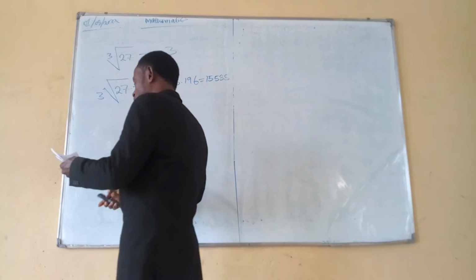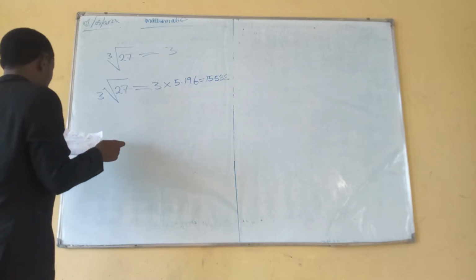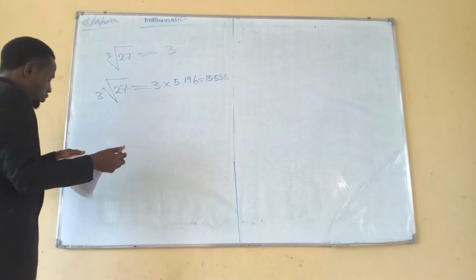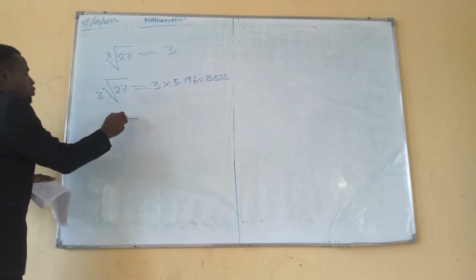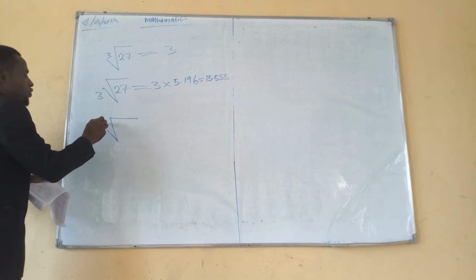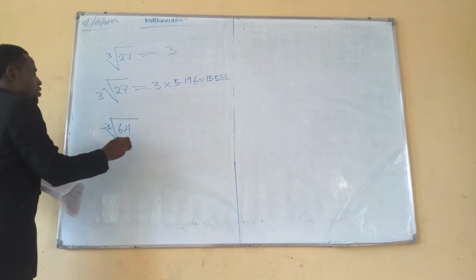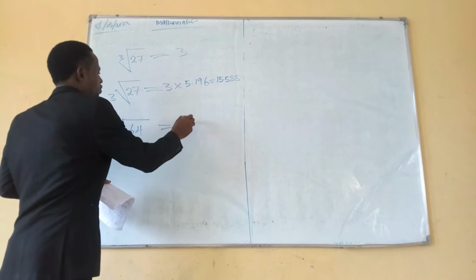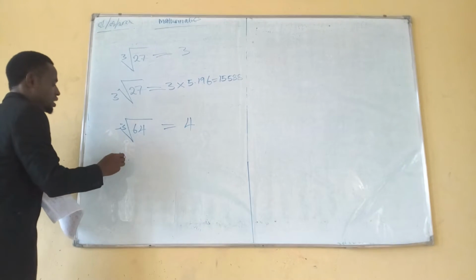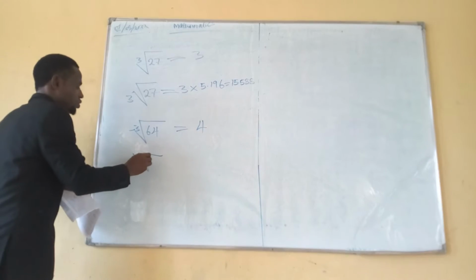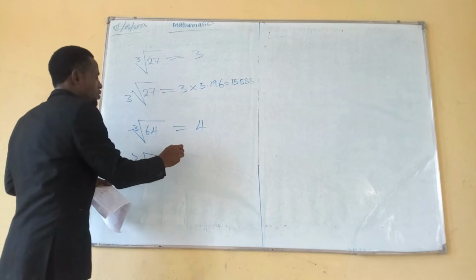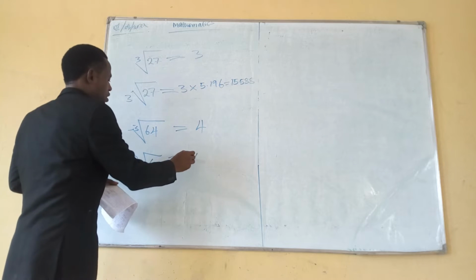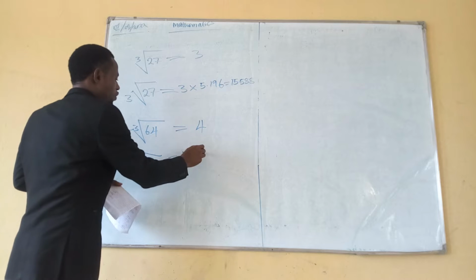Okay, let's look at another question here. We have cube root of 64. Okay, this will be what? 4. Then when you say 3 root 64, this will give us 3 times 4.